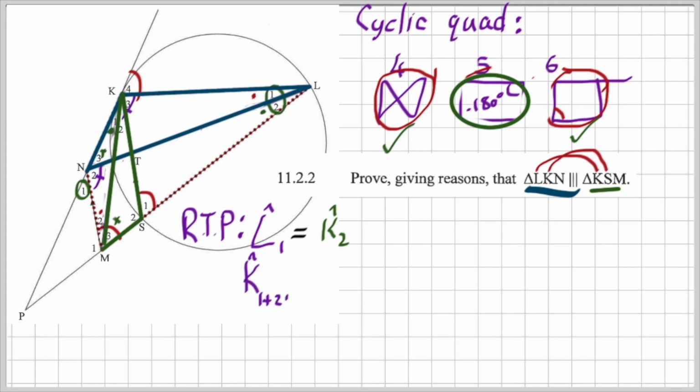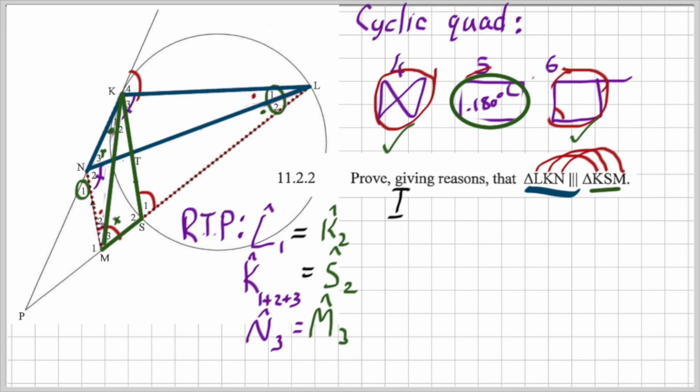Secondly, K must be equal to S, but K is actually K1, 2, and 3 in the blue triangle, while S is S2 in the green triangle. And I need to prove that N3 is equal to M3, again blue and green. If I can prove these three pairs equal, then the triangles are similar.